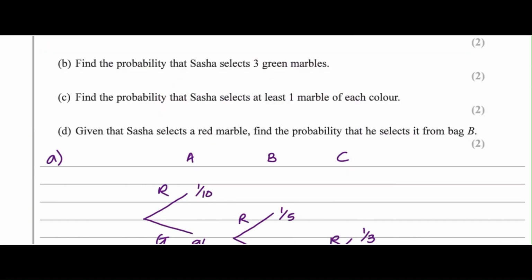Part C. Find the probability that Sasha selects at least 1 marble of each color. The first situation where he can get a green and a red is from bag B, because if you consider bag A, he's not going to get 2 marbles of different colors.